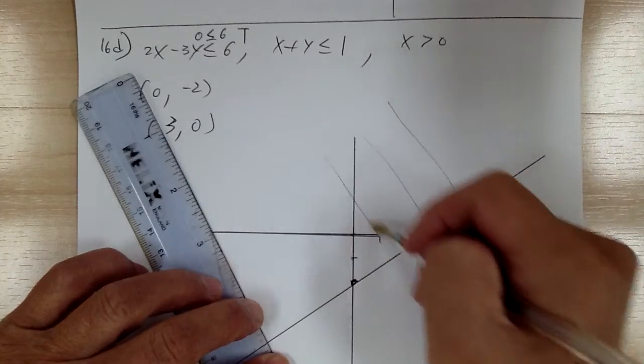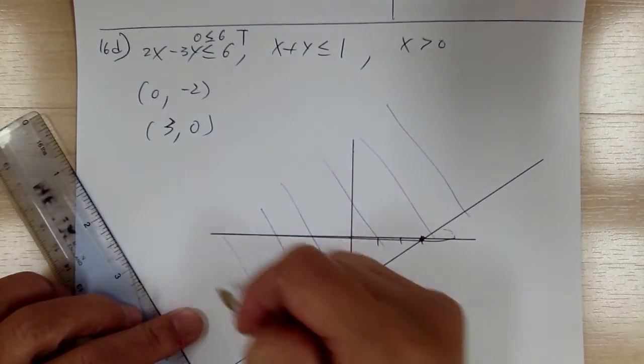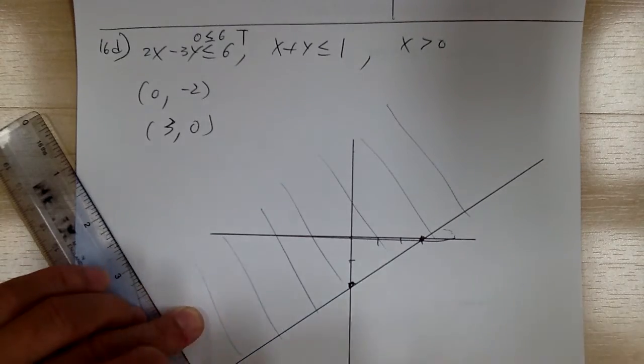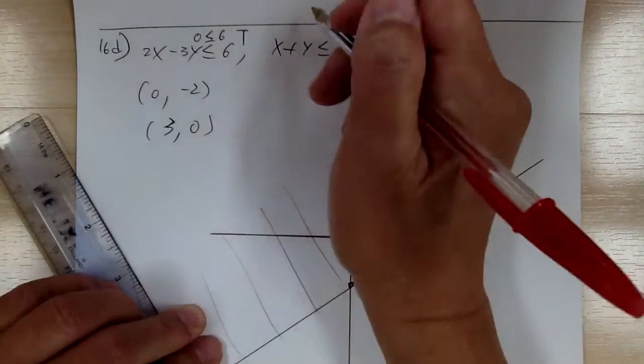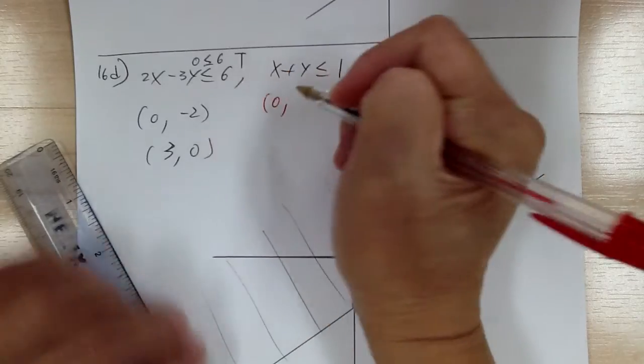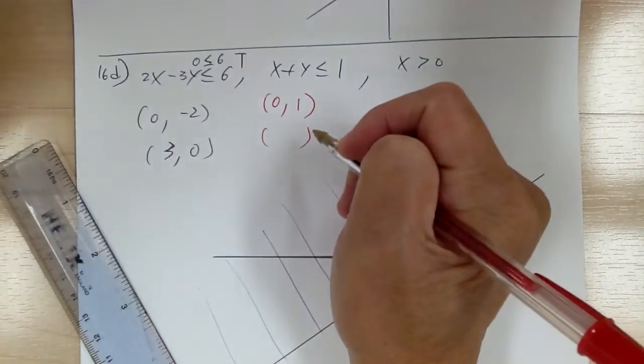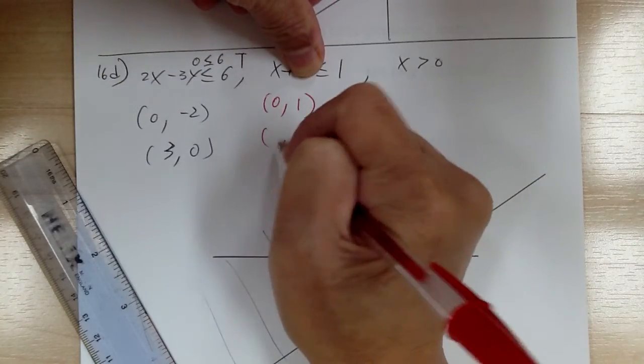Do it very lightly, because this is not the final answer. And I'm going to use red for this one here. Let x equal 0, then y equals 1. Again, you have to treat this as equal. Let y equal 0, then x equals 1.